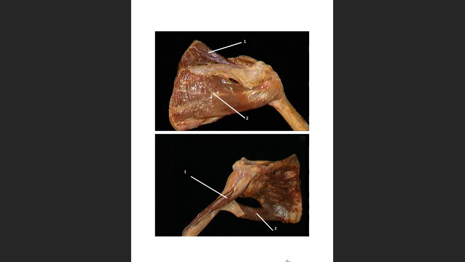Okay, 1 or 2, whichever one you can identify. It's number 2, the teres major. Number 2 is the teres major. You're correct. Okay, what about number 1? I'm not sure. So we'll pass. Any takers on that?